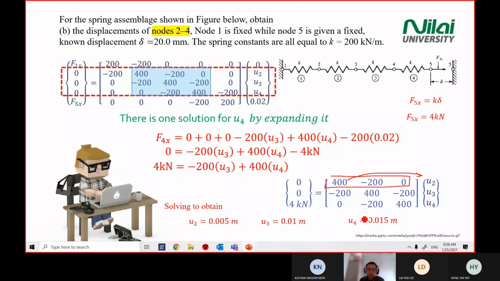Then you're able to solve by substitution and simultaneous equations. Then you'll get U2 equal to 0.005, U3 0.01, U4 equal to 0.015. Try to understand the strategy that we're using here, the solving strategy. And this is just a reference answer.